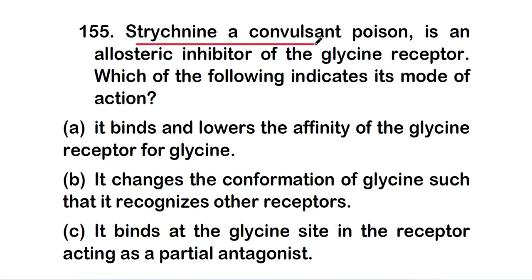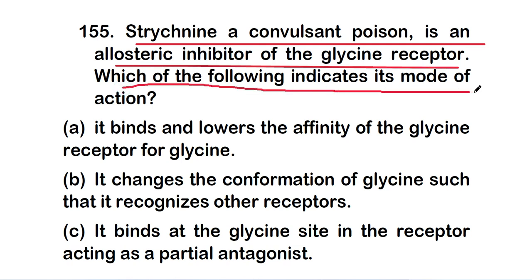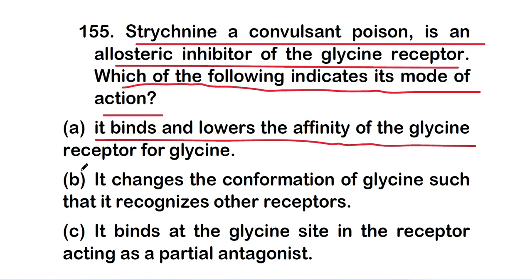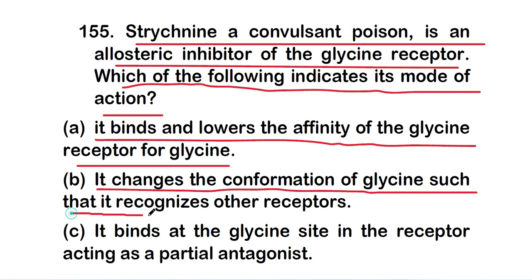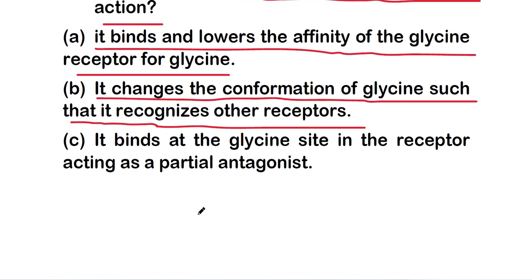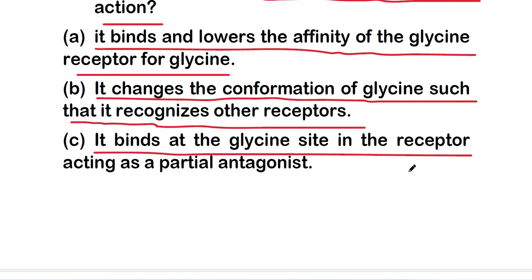Strychnine, a convulsant poison, is an allosteric inhibitor of the glycine receptor. Which of the following indicates its mode of action? Option A, it binds and lowers the affinity of the glycine receptor for glycine. Option B, it changes the conformation of glycine such that it recognizes other receptors. Option C, it binds at the glycine site in the receptor, acting as a partial antagonist.